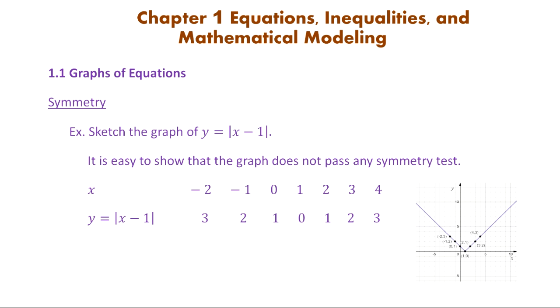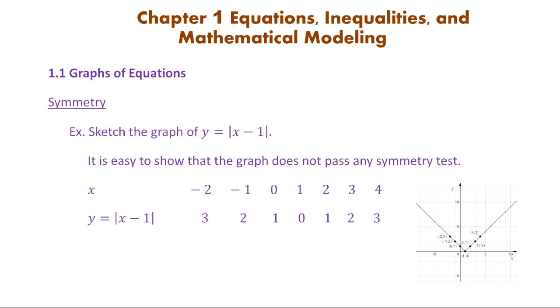I will not show the details here, but you can easily see that there's no symmetry with respect to the x-axis, y-axis, or the origin. So this time you have to plot a bunch of points. You check the symmetry first. If there's symmetry, then you can plot fewer points. If you don't have symmetry, then you have to plot more points.